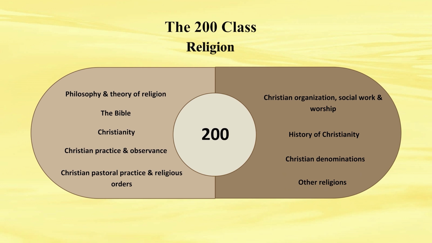So you can see that from 220 to 280, all the classes are dedicated to Christianity and its subdivisions. All other religions we can find in the 290 other religions.